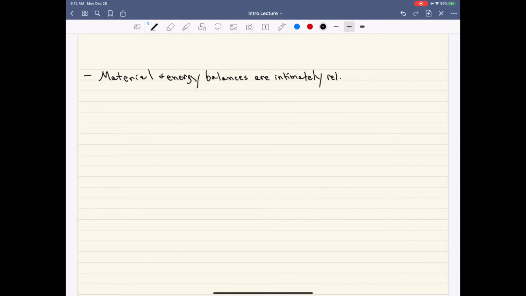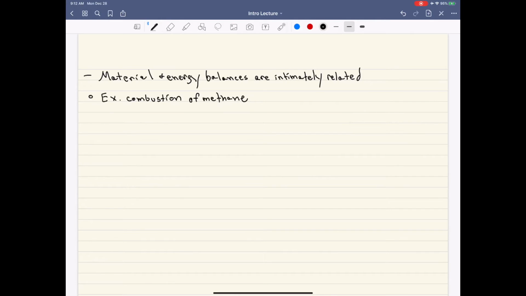Okay? And to demonstrate or illustrate this synergy between the two, I want to go through a couple of examples with you. Okay? So the first example is going to tie back to what I mentioned previously, which is the combustion of methane. Okay?